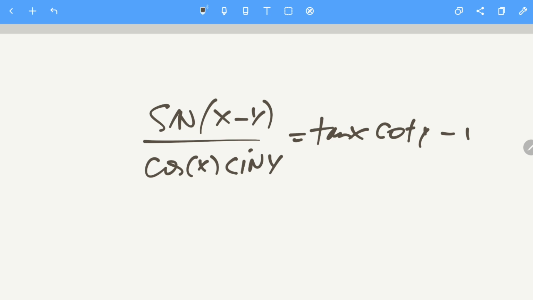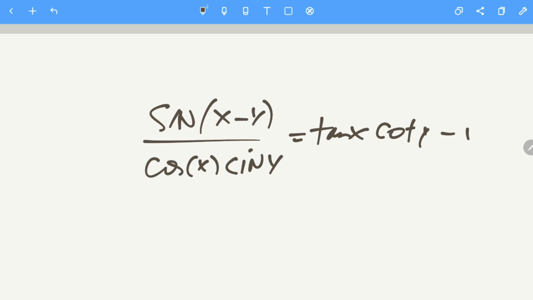Then if we look at the number of complex angles, we can see that the left hand side has a sum angle.